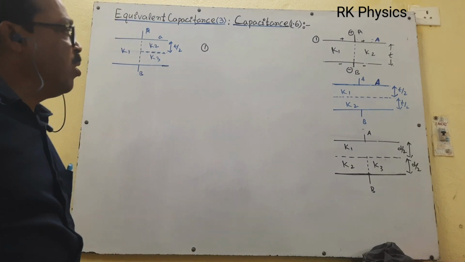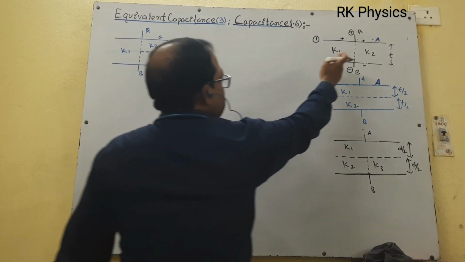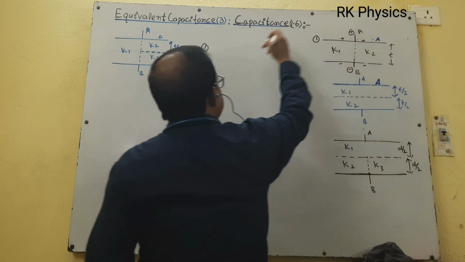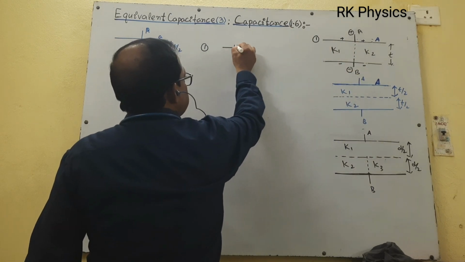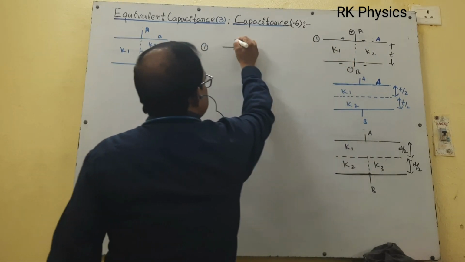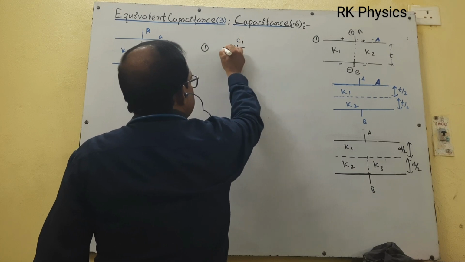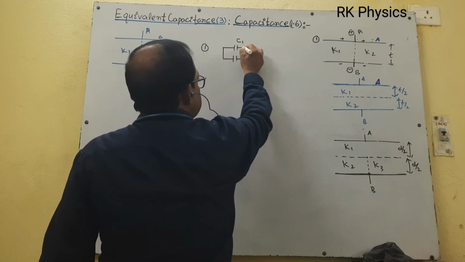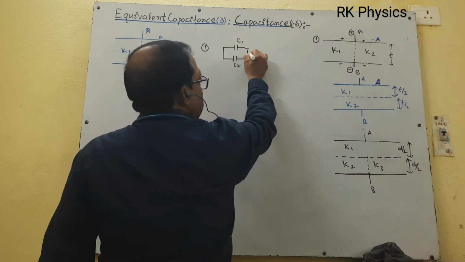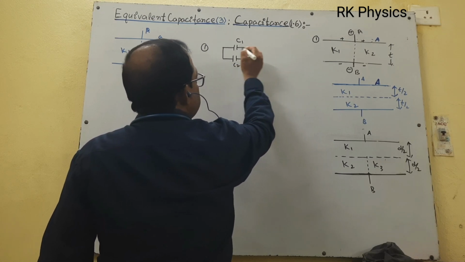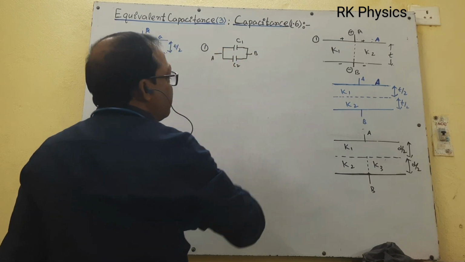Now, you can convert this diagram into an equivalent circuit. That is, the first part is capacitance C1 and the second part is capacitance C2. So this part is your B and this part is your A.